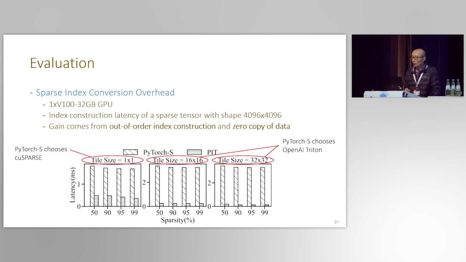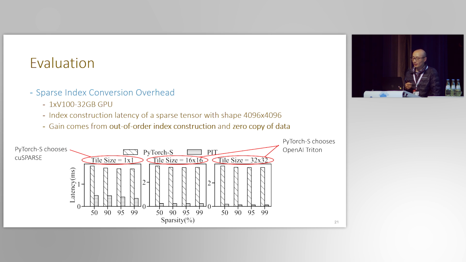At last, we show one micro benchmark to demonstrate the conversion overhead of sparse index. We did this experiment on a V100 32 gigabyte GPU. It is generating sparse index for a 496 times 496 sparse matrix with 3 different sparsity granularities. For granularity 1 times 1, PyTorch-S uses cuSparse.